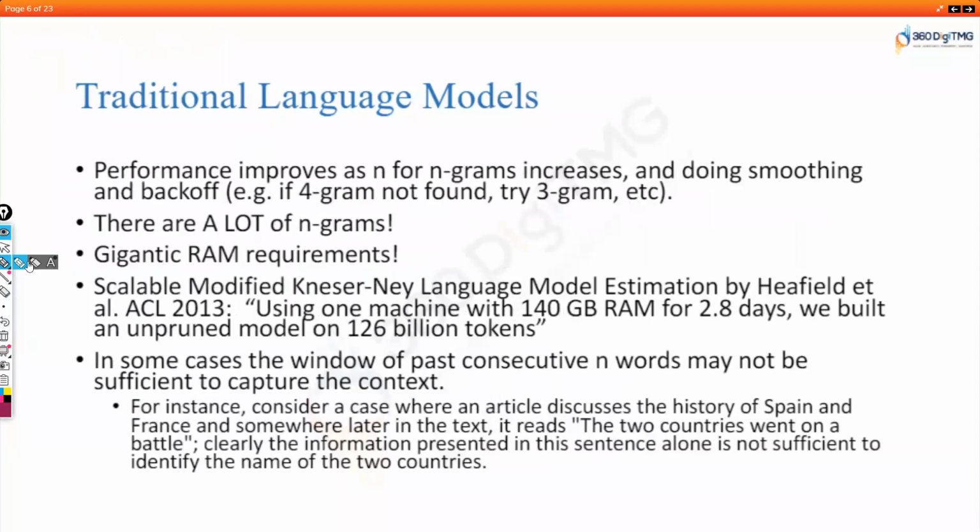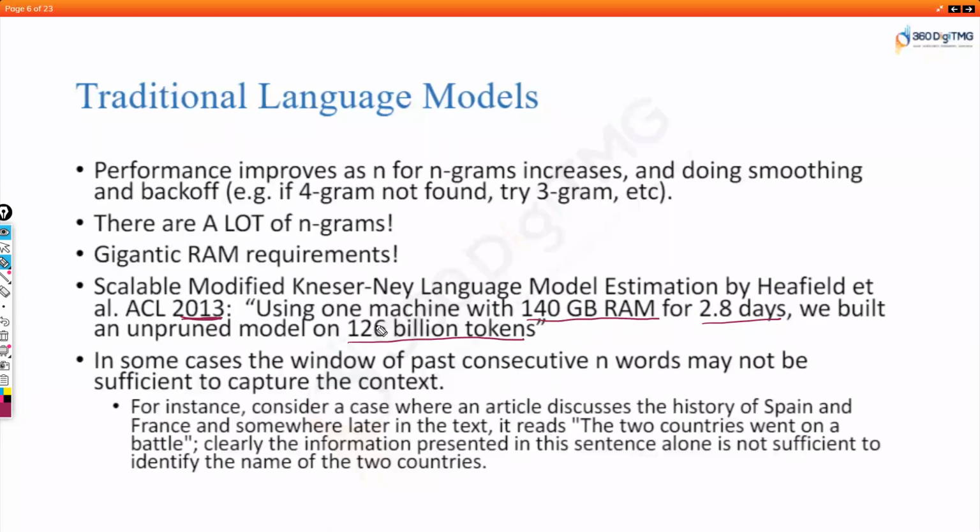But then, do you have the memory to store that many words when you do the processing? Just as an example, way back in 2013, people used a machine with 140 GB, and it took them 2.8 days to build 126 billion tokens. Each word is called one token.